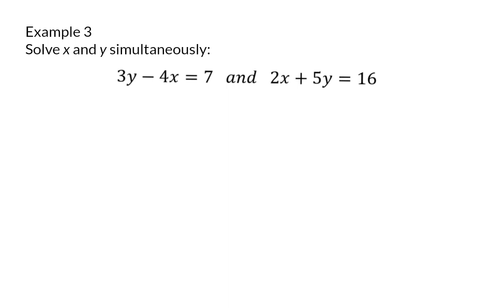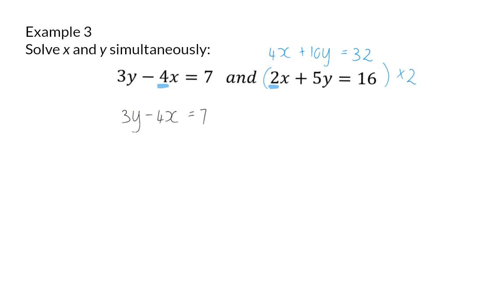At the moment, our coefficients for x will be 4 and 2. So I'm going to keep the first equation just like it is, and then I'm going to take the whole second equation and times by 2. That will give me 4x plus 10y equal to 32.